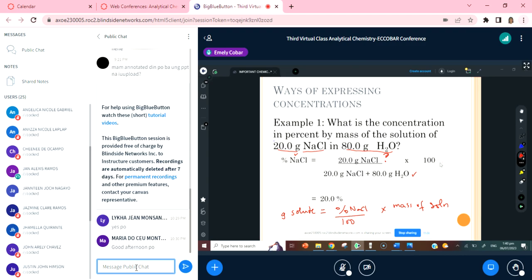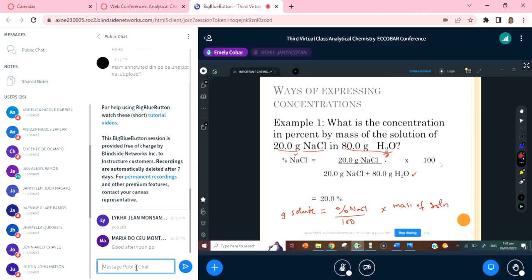So, percent NaCl, given yung percent NaCl mo. Tapos to remove the percent, i-divide mo yan ng 100 and then times the mass of solution. Ito yun. Gram solute is equal to mass percent, the given mass percent, divided by 100, times mass of solution. Okay?